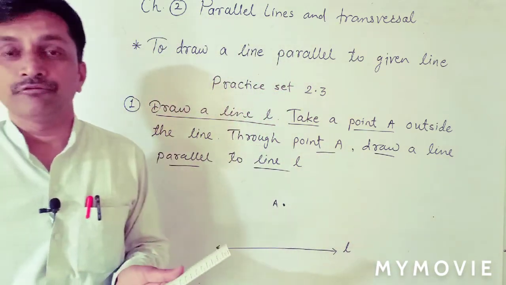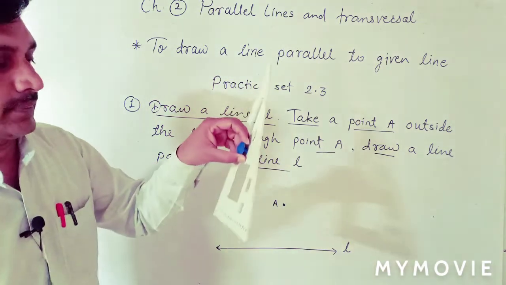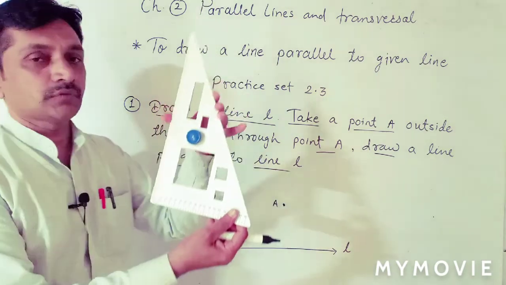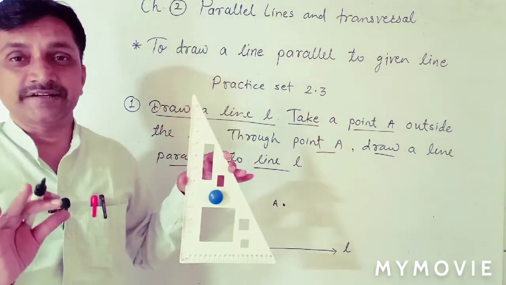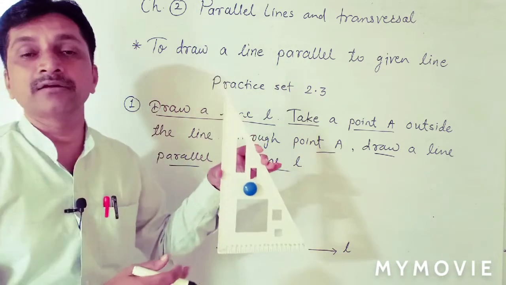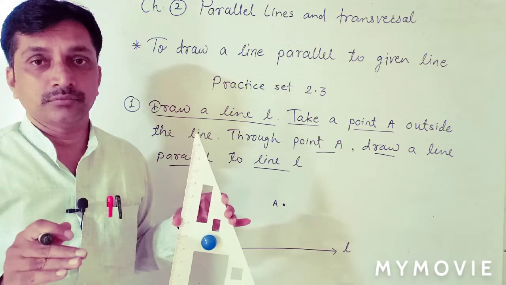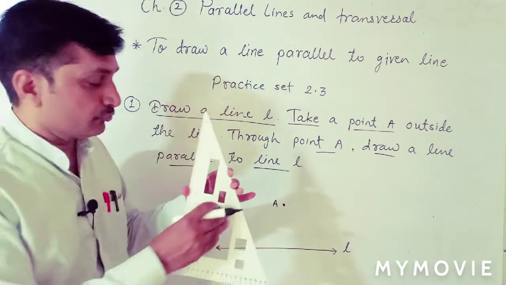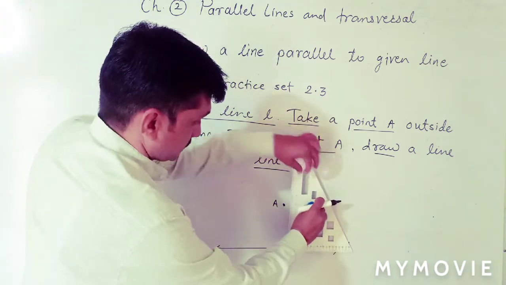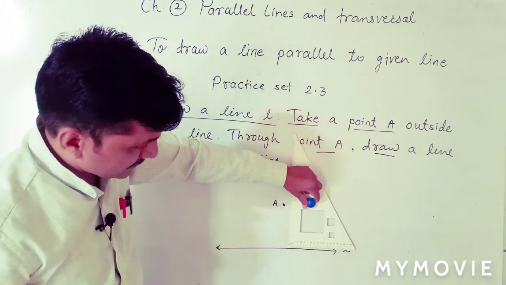Now what to do? For that you have to use a set square, for a 90-degree angle at the base, or otherwise you can use a protractor. We are using it to draw a perpendicular.